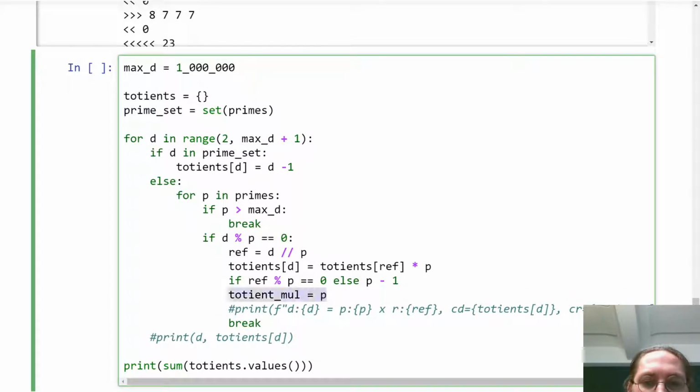Well, I don't need this actually. Totient D minus is. And now I don't know whether it was at the mod 0 or not mod 0. At the mod 0 it is. So it is here equals 0.